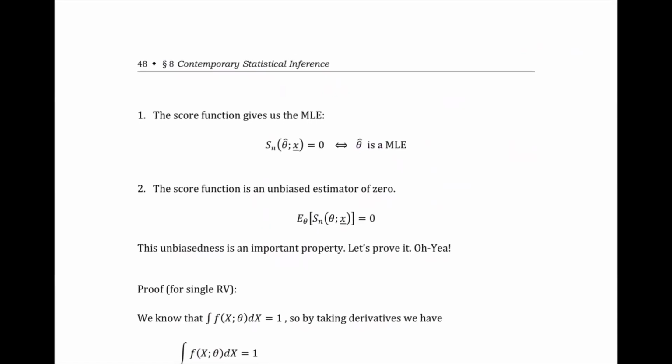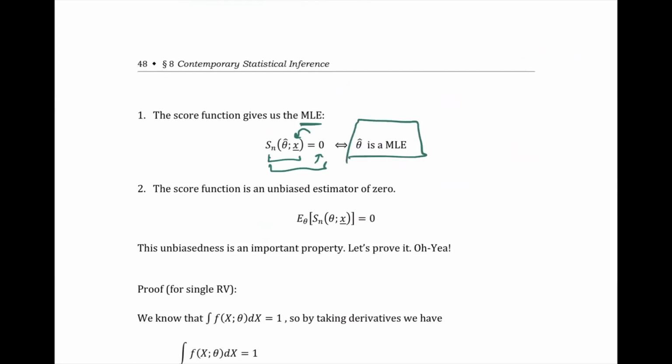Now, there are some important pieces here, some very useful things. First, in order to get the maximum likelihood estimator, we're going to take the score function, plug in the data, and set it equal to 0. Whatever parameter value happens to make this equal to 0 is going to be the maximum likelihood estimator.